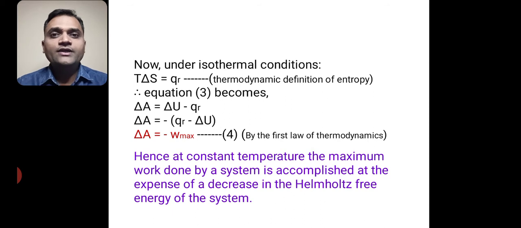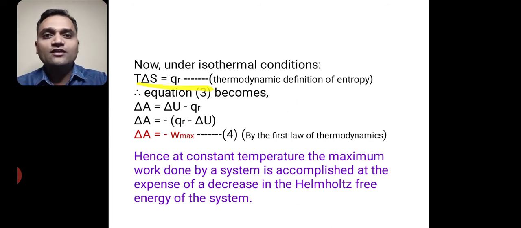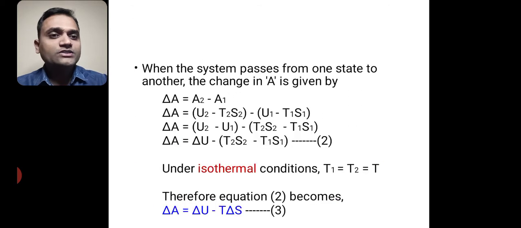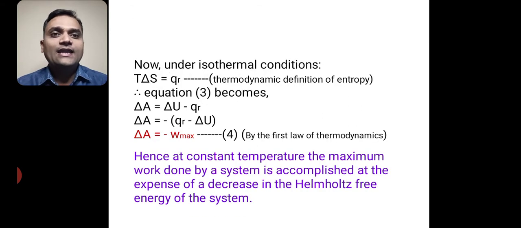When we studied entropy, at that time we studied the thermodynamic definition of entropy, that dS is equal to dq reversible upon T. That equation on rearranging gives us T delta S is equal to QR. So we have to put that value of T delta S, that is QR, in equation 3. So equation 3 will become delta A is equal to delta U minus QR.